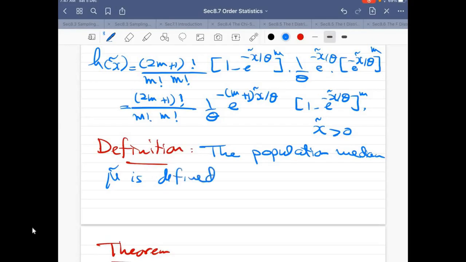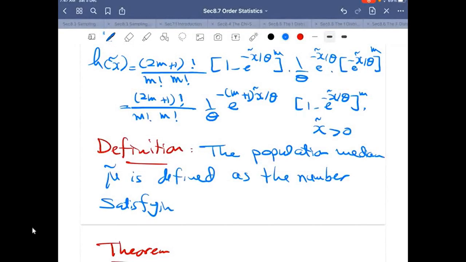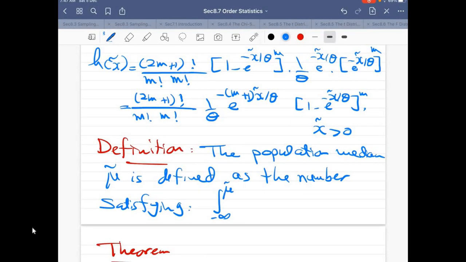Mu delta is defined as the number satisfying the equation: the integral from minus infinity to mu delta of f of x dx is half.